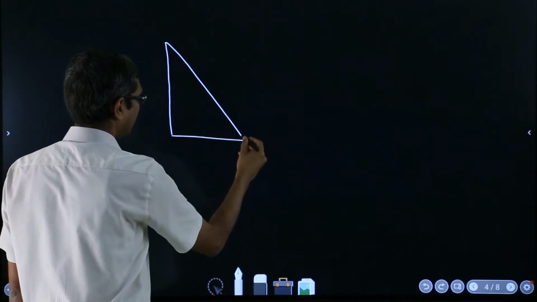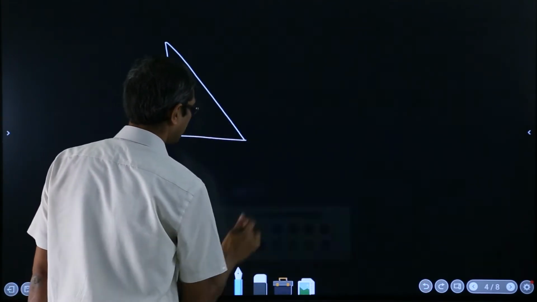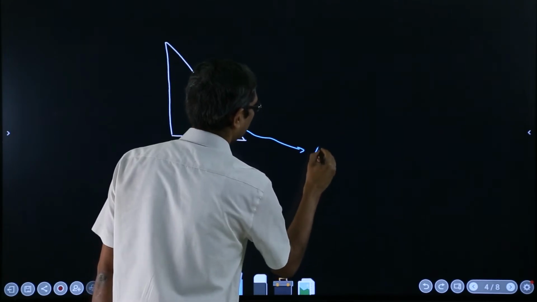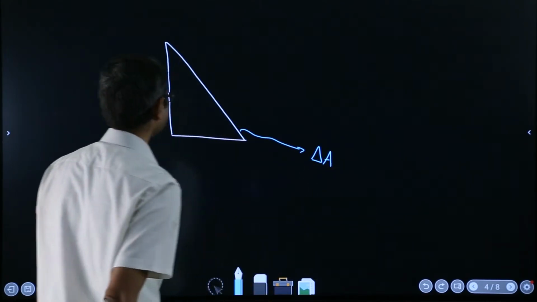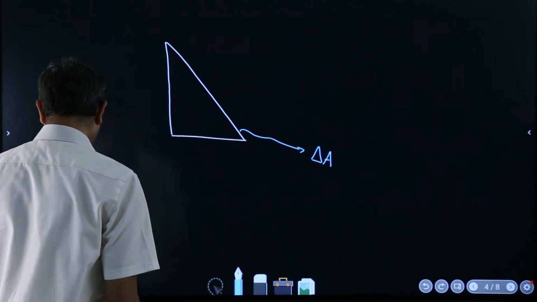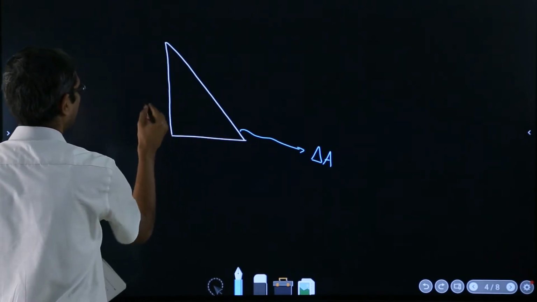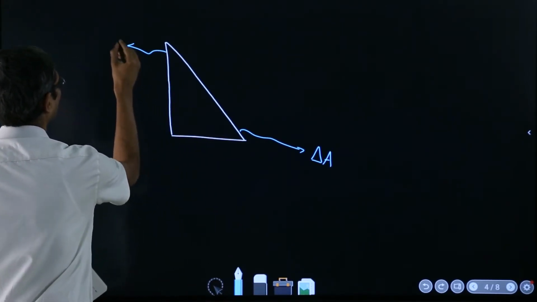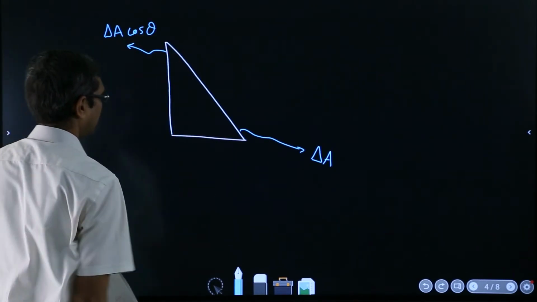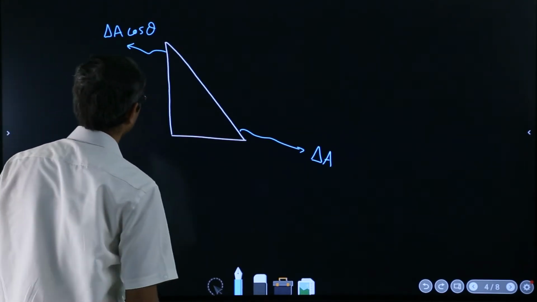Assume that this area is, say, delta A. Okay, now that means this area will be delta A cosine of theta, because this angle makes theta with this.